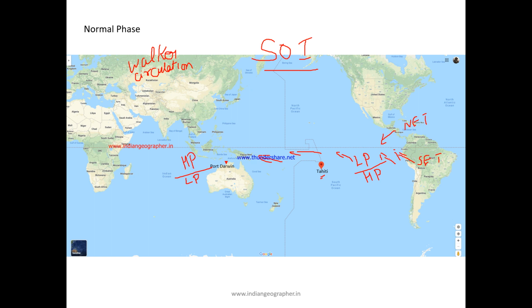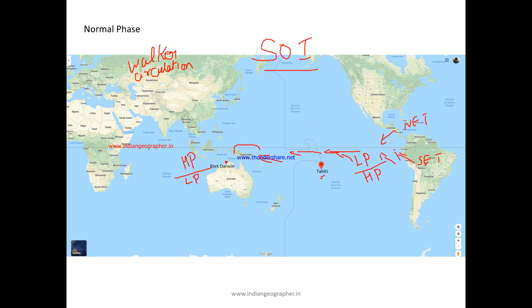In the southern hemisphere it keeps deflecting towards the left, and thus it reaches the western Pacific in a nearly easterly direction. Now what it does is push the water and create the South Equatorial Current.